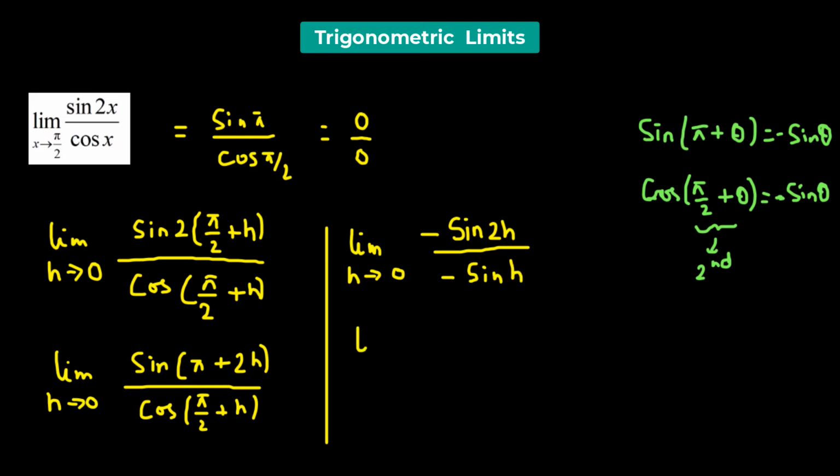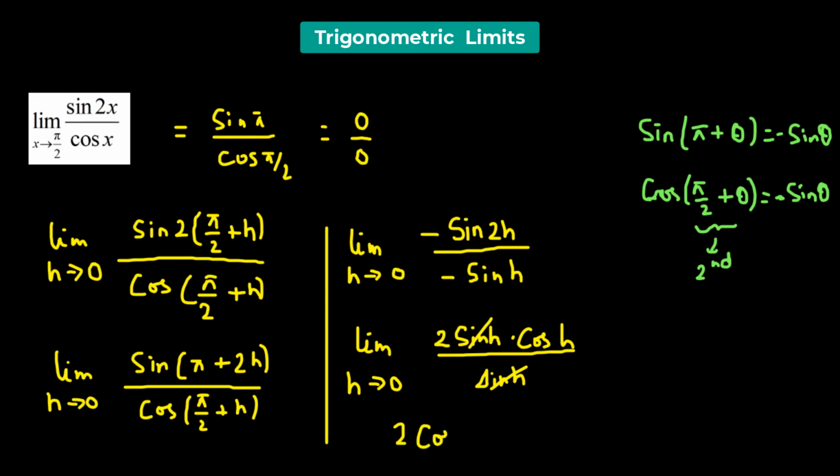So the negative and negative go away, they get cancelled, and also we can expand sine of 2h as 2 times sine of h times cosine of h divided by sine of h, so the sine of h and sine of h get cancelled, leaving us with 2 times cosine of h. So we substitute the value of h, so we have 2 times the cosine of 0, so that gives us 2. So this is going to be the limiting value of the given function when x approaches pi over 2.